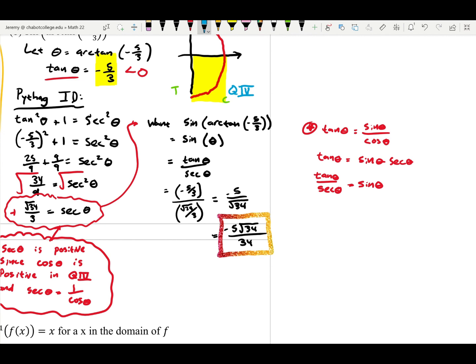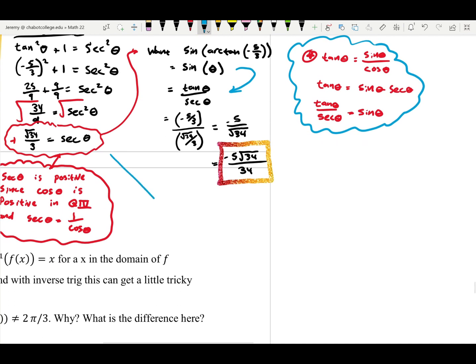Okay, so going from here to here, this is where I used this kind of trick. There are other ways of doing this. You could have used this over here. Sorry, this is a total mess, but cosine of theta is just 3 over root 34, taking the reciprocal of secant, which we have.